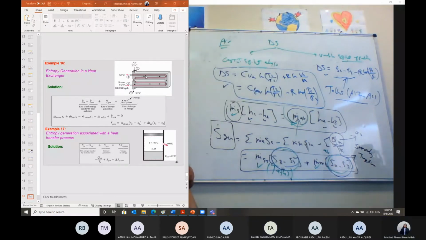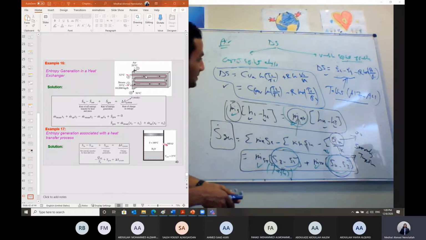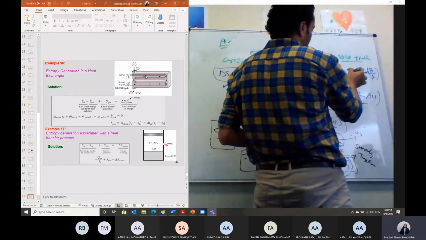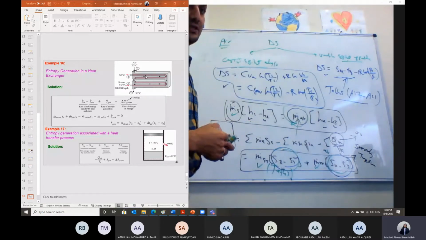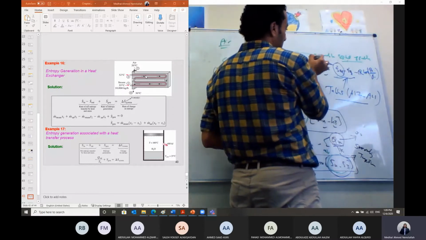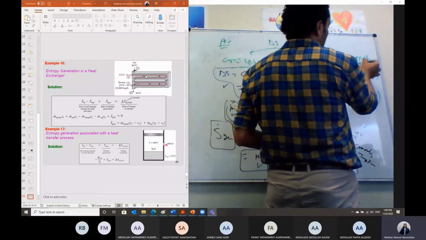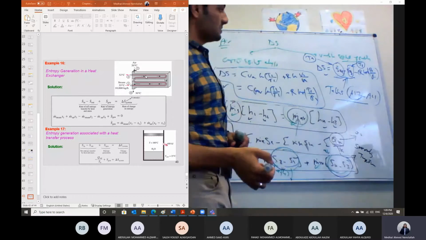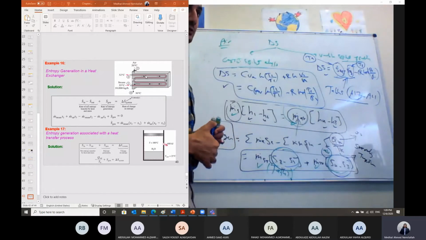So here I said 2 minus 1, which I can say is 4 and 3. The conditions will be given for air: from table A17 to get S naught 4, we calculate it at temperature T4, and S naught 3 can be calculated at temperature T3 from table A17, because the working fluid is air. Is that your question?